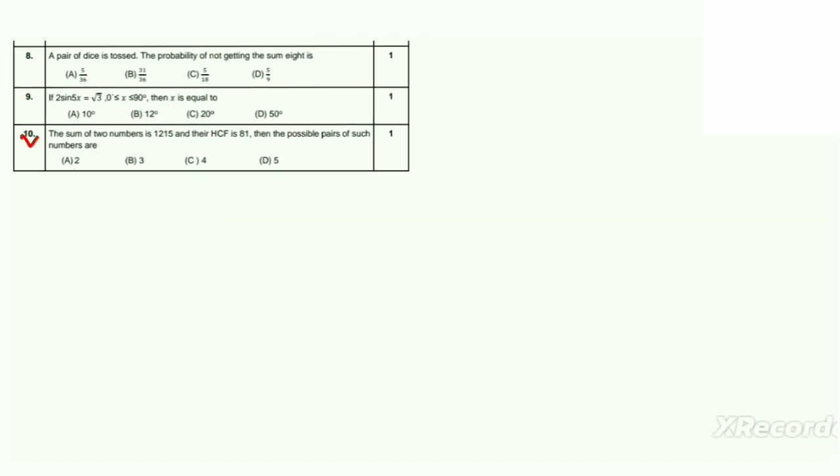Question number 10. The sum of two numbers is 1215 and their HCF is 81. Then the possible pairs of such numbers are. Okay students, before solving this question, firstly we should know the concept of this question, right? Suppose we have two numbers, the first number is 21 and the second number is 28, and their sum will be 49.